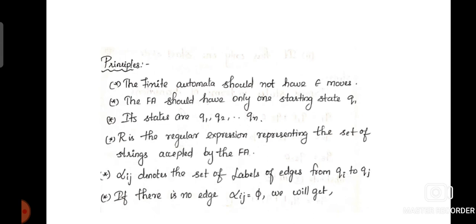The system may consist of the set of states Q1 to Qn, and alpha ij will be the set of labels of edges from Qi to Qj. Qi is one state, Qj is another state. Two states may have edges.